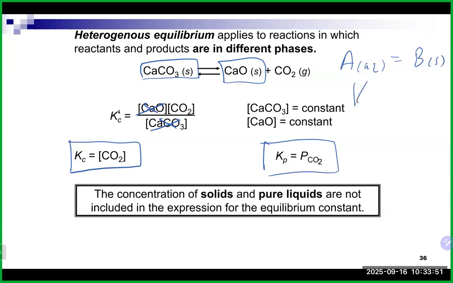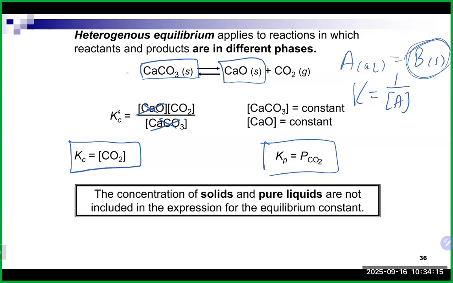To write the equilibrium constant for that, we would actually just take 1 over what's on the reactant side. So if by some chance you come across an equation where everything on the product side should not be included, you just put 1 on top for the products and then over whatever needs to be included on the reactant side. So as we talked about earlier, solids and pure liquids are not included in the equilibrium expression.